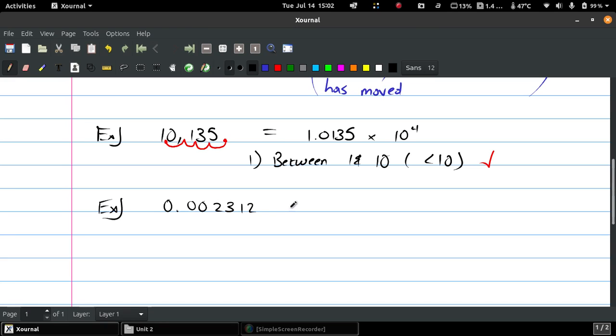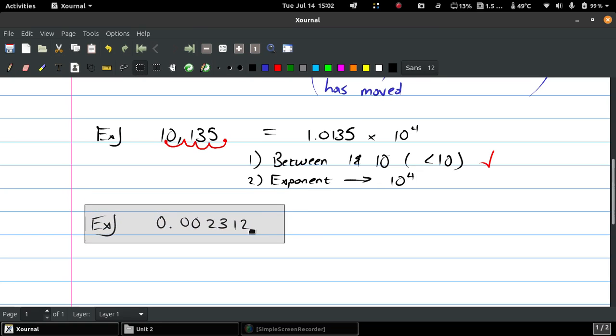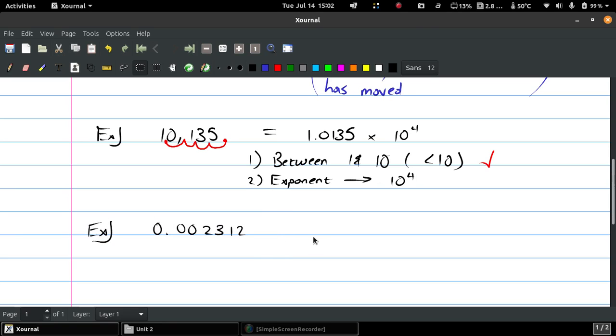Alright, so the first thing is we have to get, and then let me write exponential. Exponent is 10 to the 4. Sorry, I'm all over the place. So anyways, we have to somehow get this to be a number between 1 and 10. So how would we do that? Well, here's our decimal point. We're not moving to the left, it's just going to make it smaller.